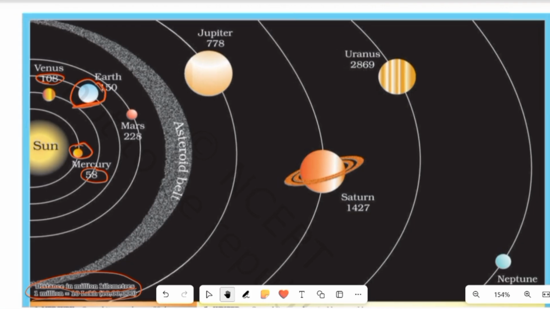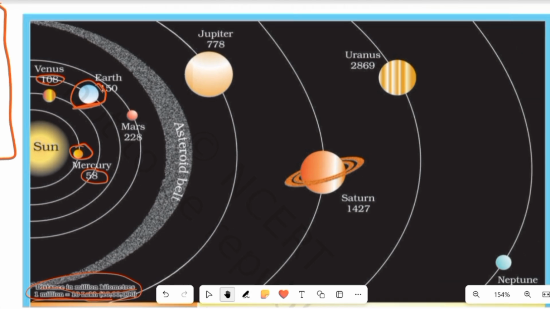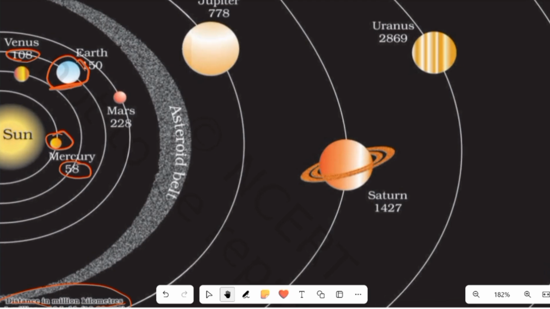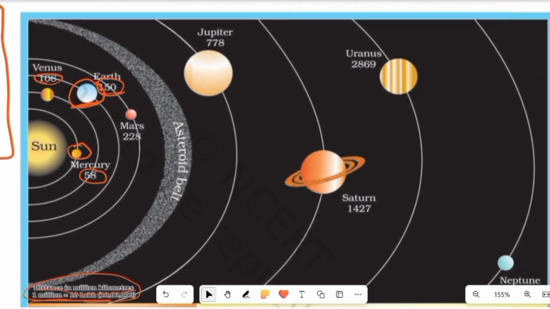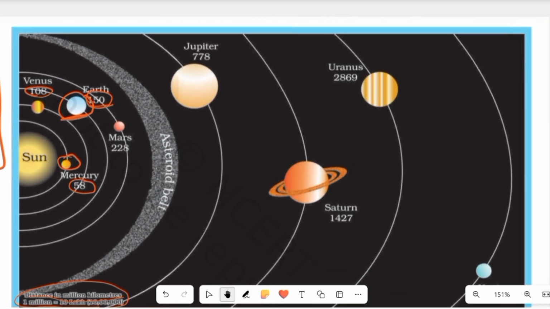It is clearly mentioned: this is the diagram, and the label of the diagram is what? The Earth in the solar system. And the Earth is almost 150 million kilometers from the Sun. And then Mars and Jupiter.